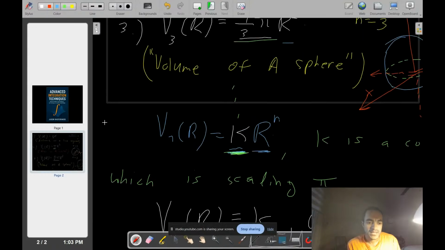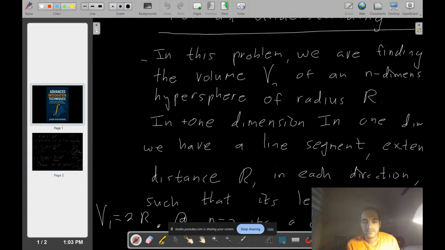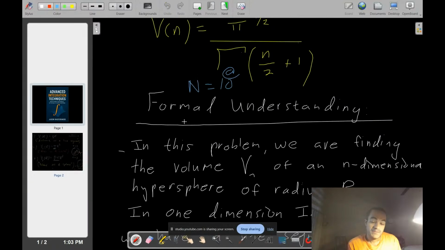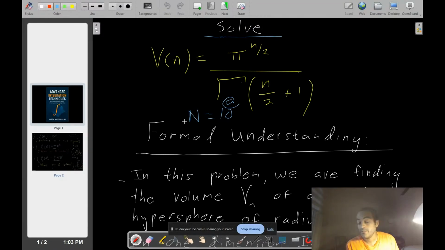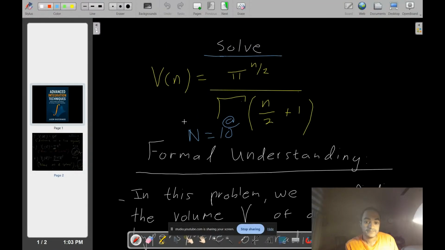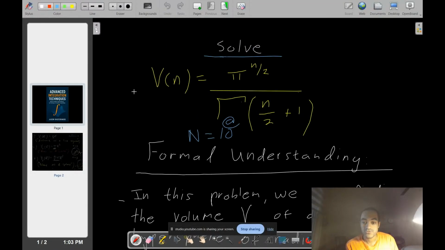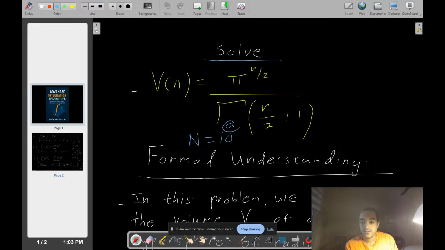Okay, so we're going to talk about one of the last things, maybe the last thing, but it takes some time doing, at least calculation-wise. We want to verify some calculations here. Based on what the AI simulation gave us, apparently at n equals 10, the volume of a 10-dimensional hyperspace should be approximately 2.55.